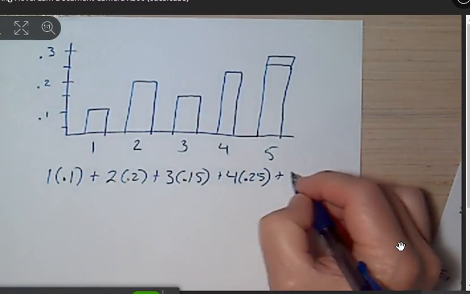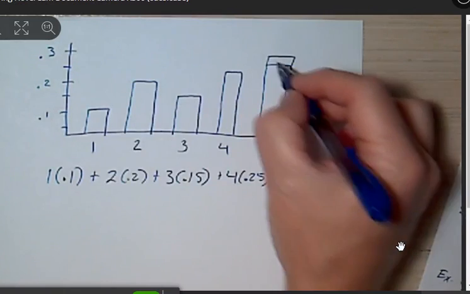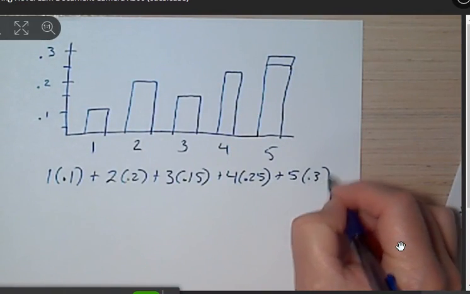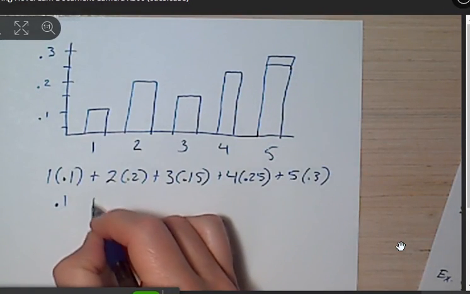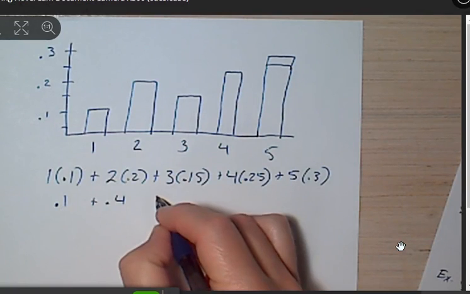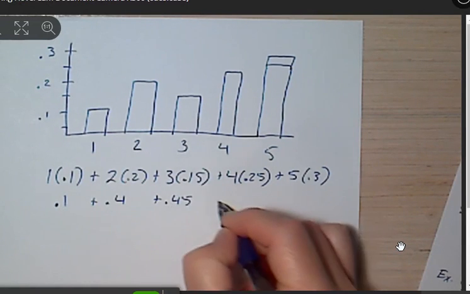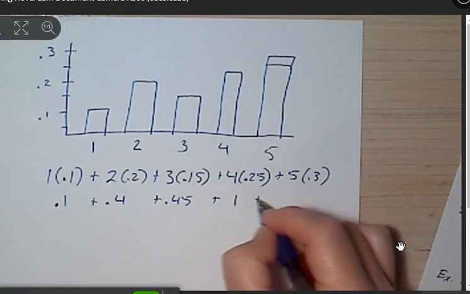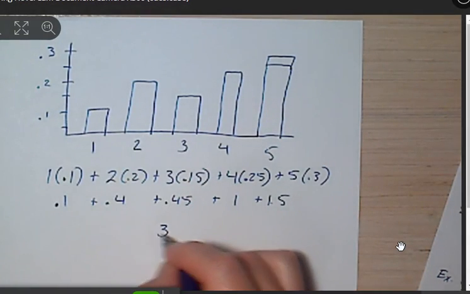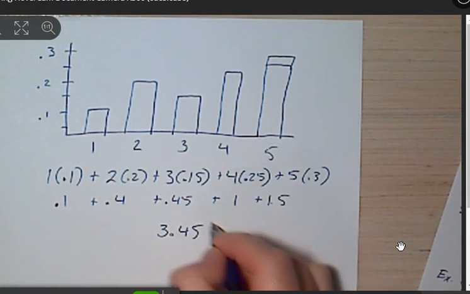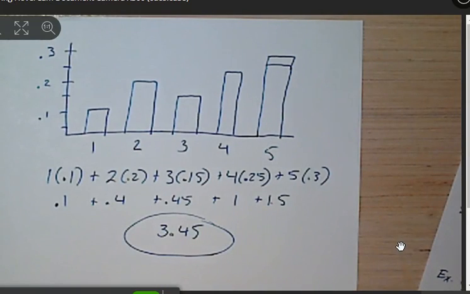And then getting a 5, that would put us up there at 0.3. Okay, and then go back and put all those numbers together. And doing that, you should get a 3.45 for the expected value.